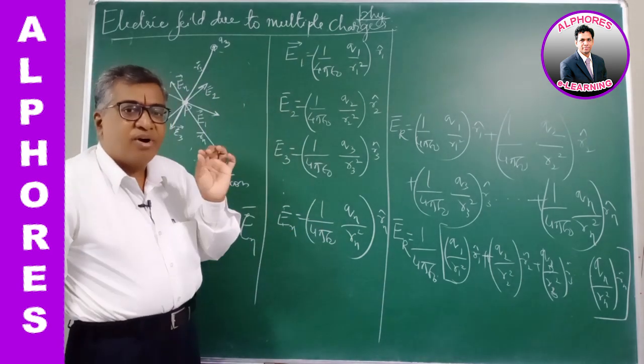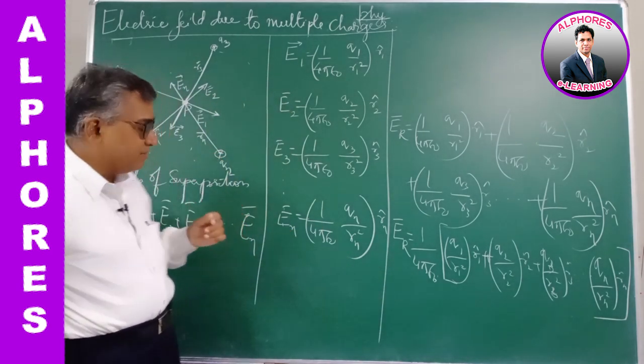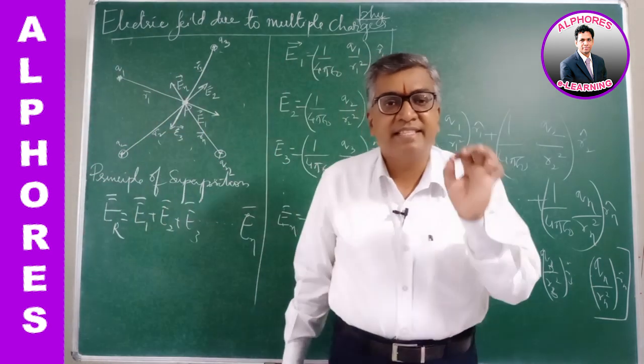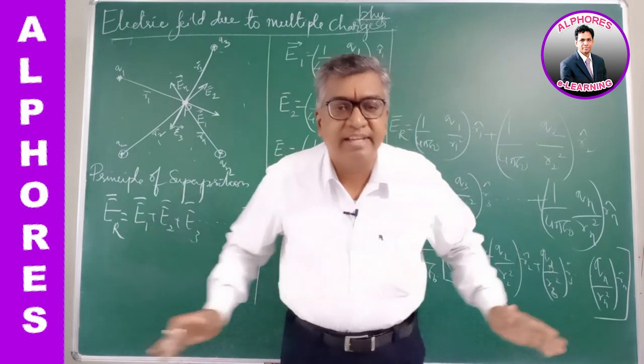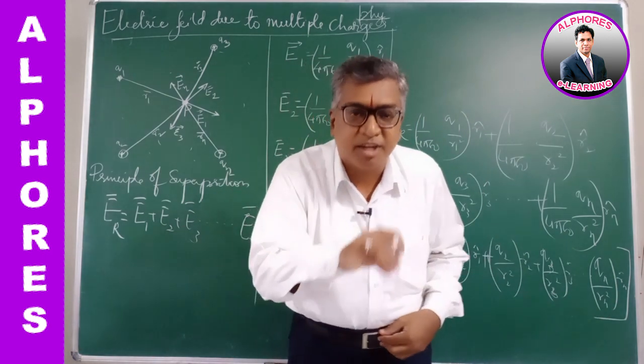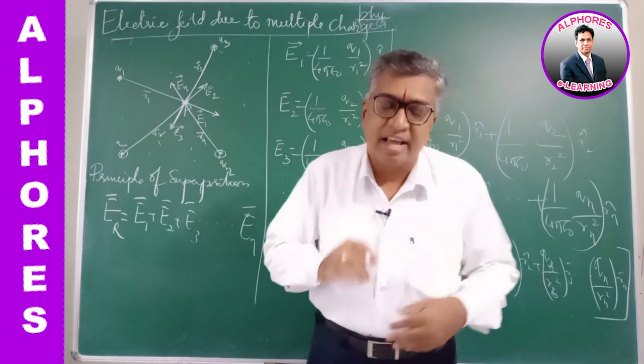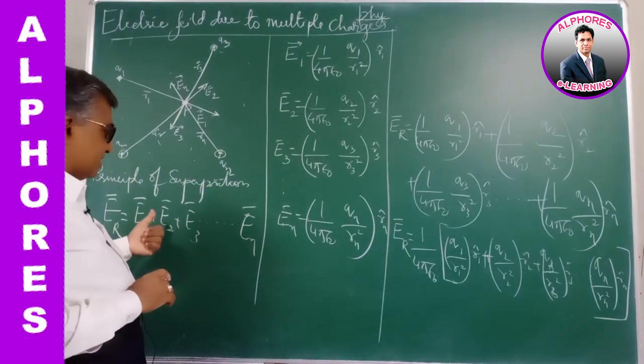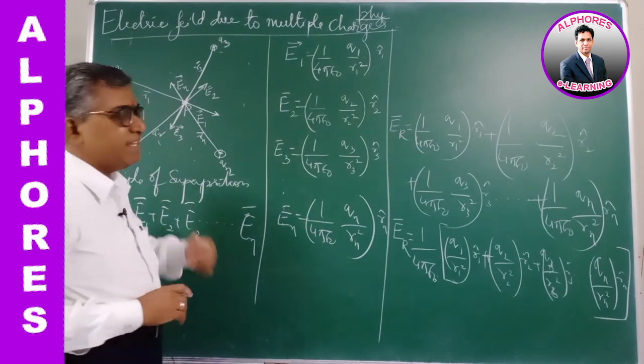Then, according to the principle of superposition, the resultant electric field intensity at a point is the vector sum of all the electric field intensities acting at that point, considering them simultaneously. So E resultant is E1 bar plus E2 bar plus E3 bar and so on up to En bar.